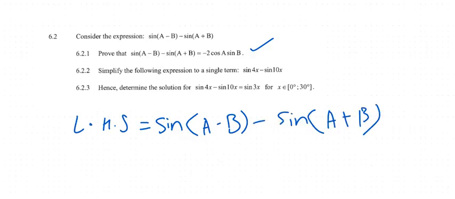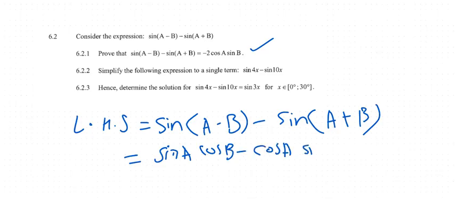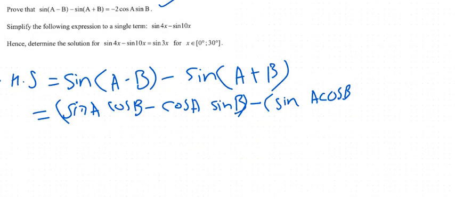We have sine A cos B minus cos A sine B, minus, in brackets, sine A cos B plus cos A sine B. Okay, so I'm just going to simplify the equation and get what we have.